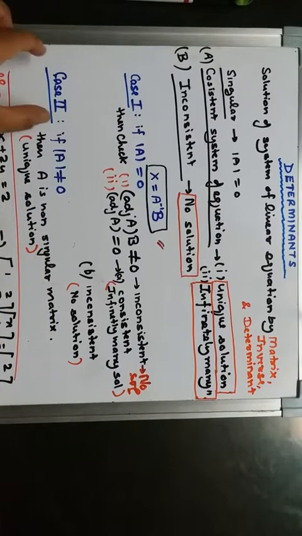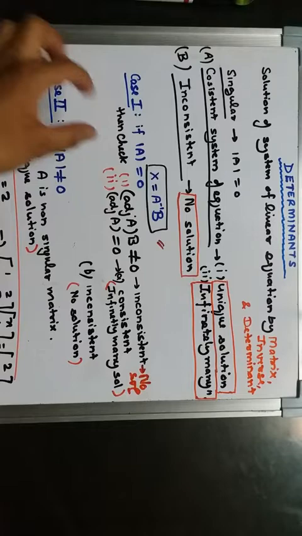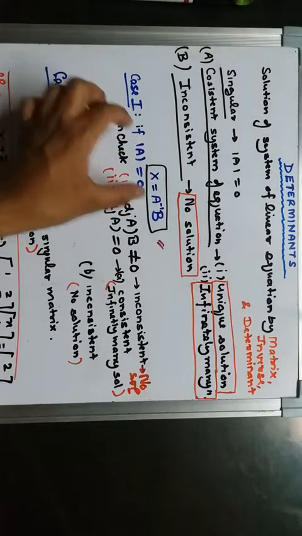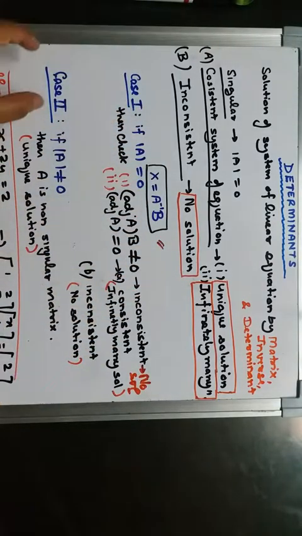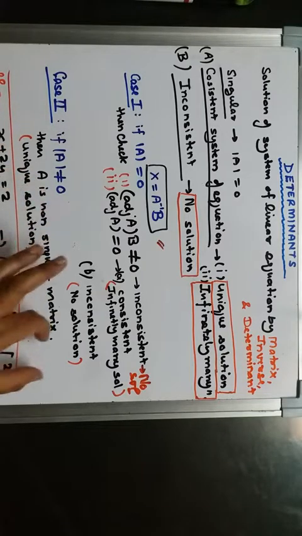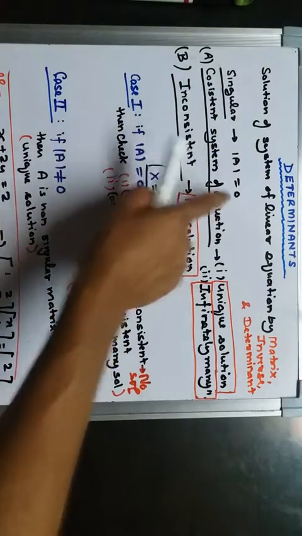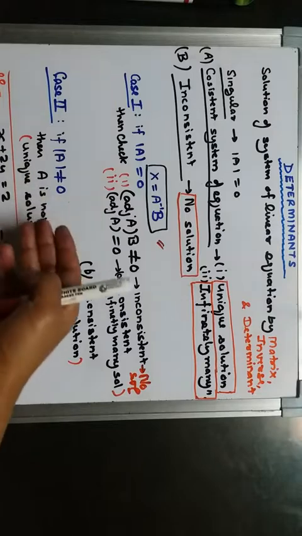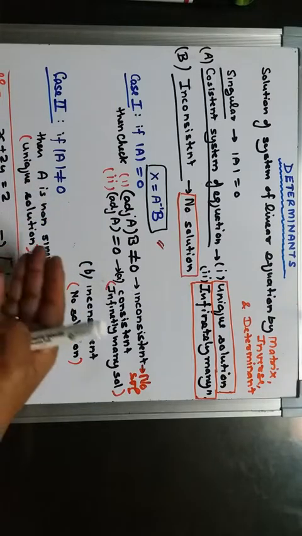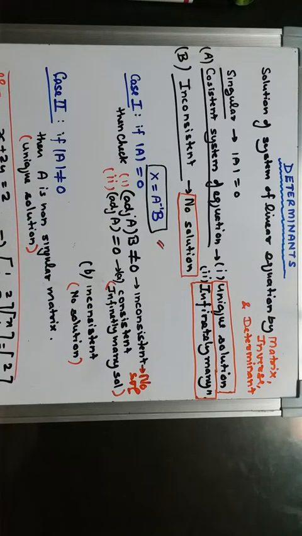Case 1 says that if this is equal to 0, then we follow these steps. Case 2 says that if it is not equal to 0, then A is not a singular matrix. We know that for a singular matrix this should be 0. If this is not equal to 0, then the second case arises, and we have to solve the question further. How to solve? Let us move to the question.